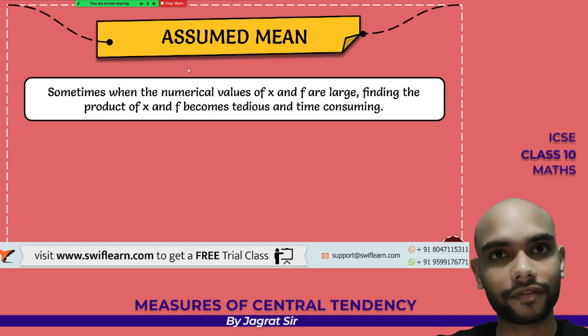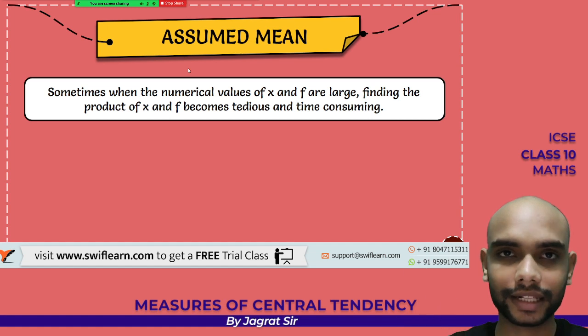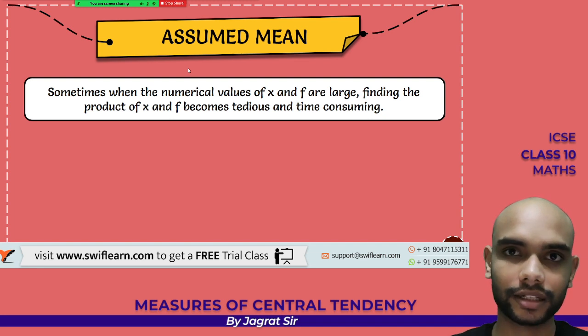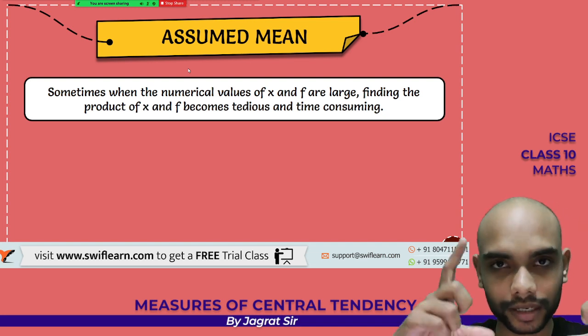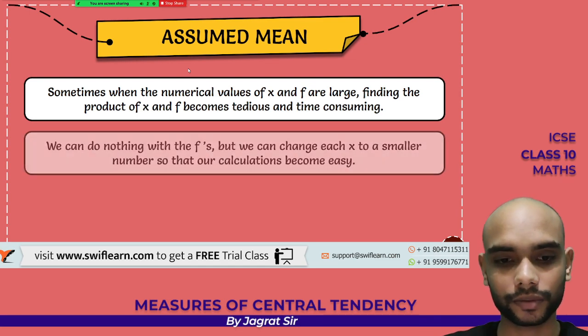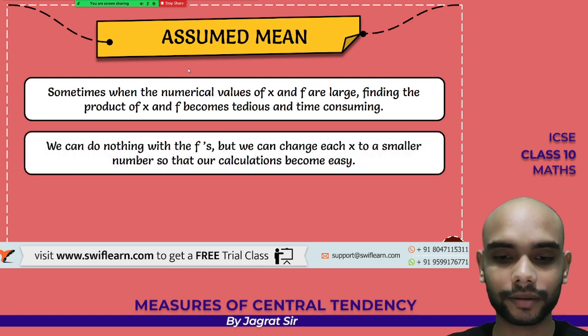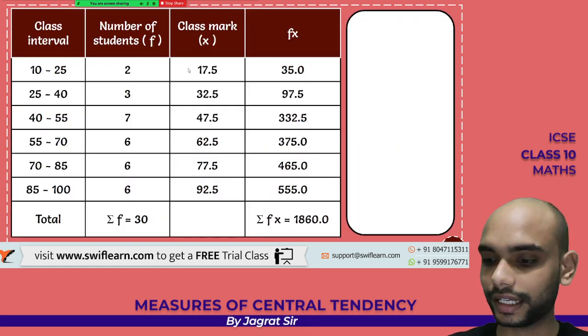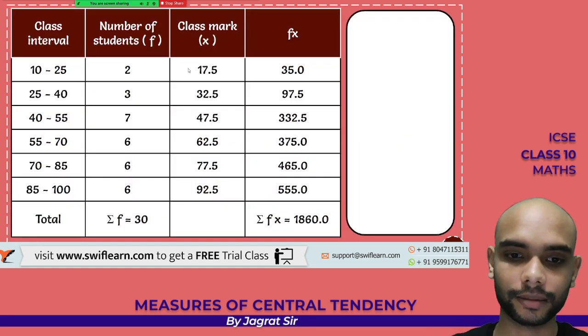If after making the x shorter you still face a problem and the numbers are still bigger, go for the step deviation method. One more column will be added and a common number in the x will be divided from all of them. You will study that in detail in the coming videos, for those of you who don't understand.